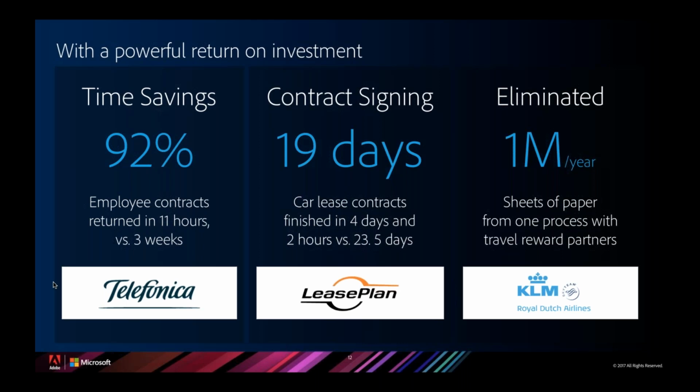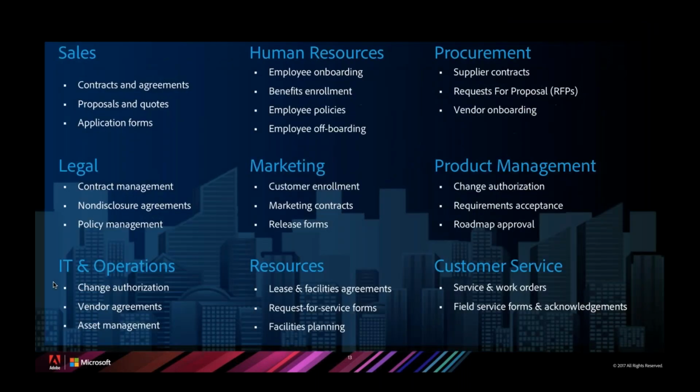How much paper did we save by adopting this in terms of the signups of customers and the whole process to get enrolled? 1 million sheets in 1 year. And they'll see other savings as well in terms of time, other types of things.